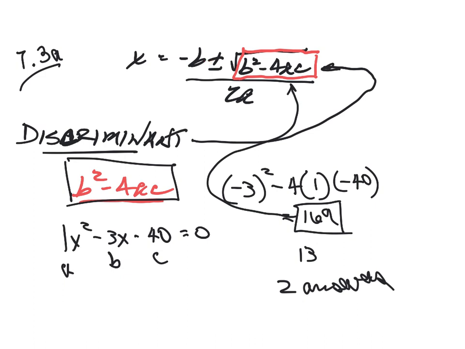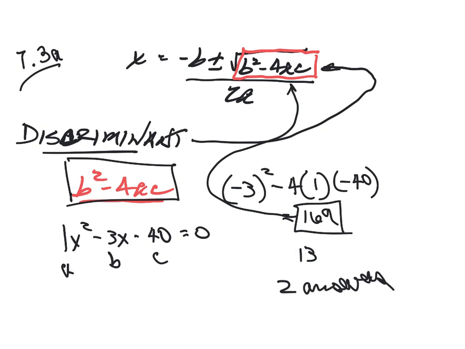It won't be imaginary numbers or anything like that. That is when this number here equals what is called a perfect square. In this case, it was 169. A perfect square is when you can take the square root of that and get a rational number. You're not getting a fraction or a decimal or an imaginary number or anything like that.